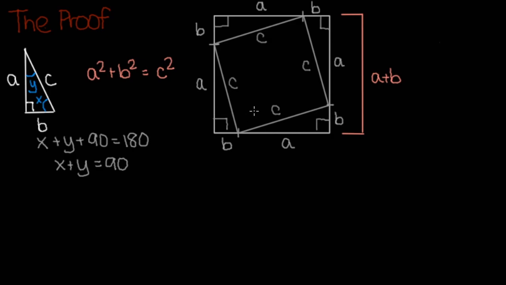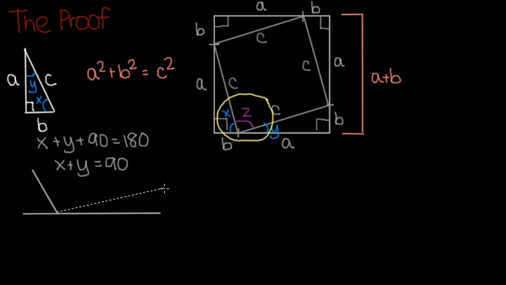Returning to the figure on our right, the angle opposite of A is x, and the angle opposite of B is y. Now the angle we're interested in right now is this angle, which we'll call z. If we zoom into our picture, right over here, this is what we have. This angle over here is y, this angle over here is x, and this angle, the angle we are interested in, is z.